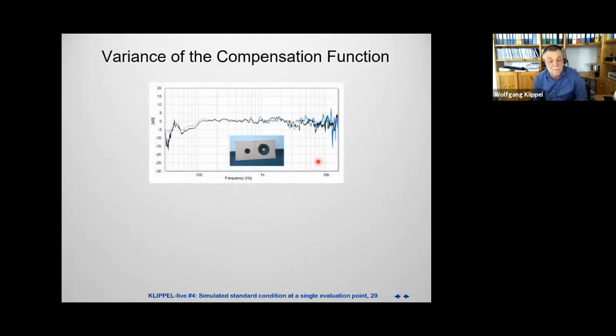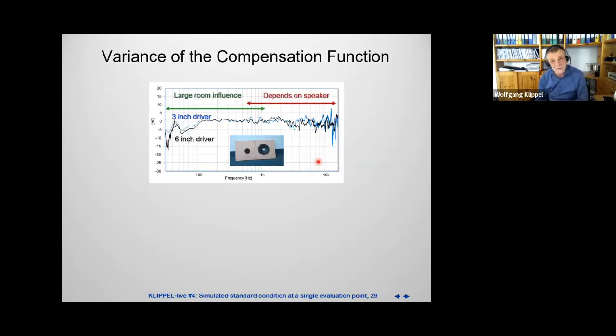Here is one example. We have two transducers mounted in very small baffles, and we used the two baffles in the near field measurement, and we found that at lower frequencies we have a common large room influence. It's not perfectly the same, but we end up with a similar room correction function.